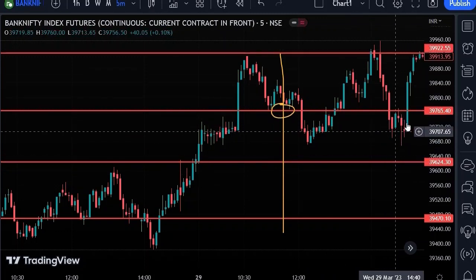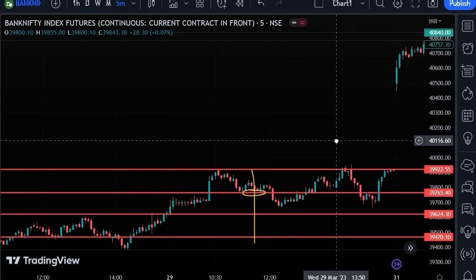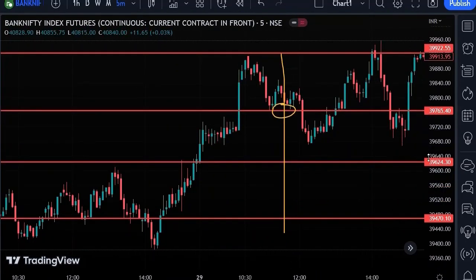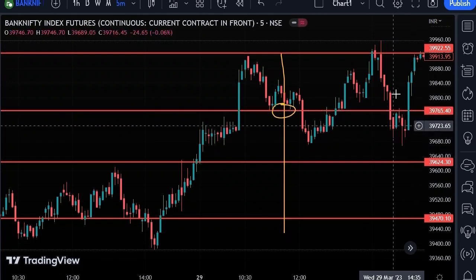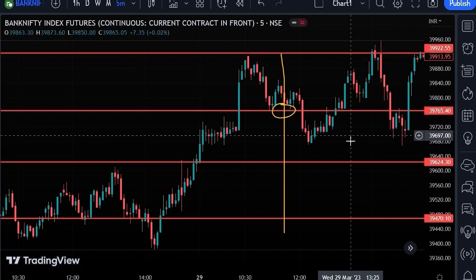And you can see it has taken rejection from that magic level after the creation of a spinning top and goes down. Then again around the second magic level it forms a group of hammer candles, and then one big green candle, and again it touches the resistance of the magic levels.